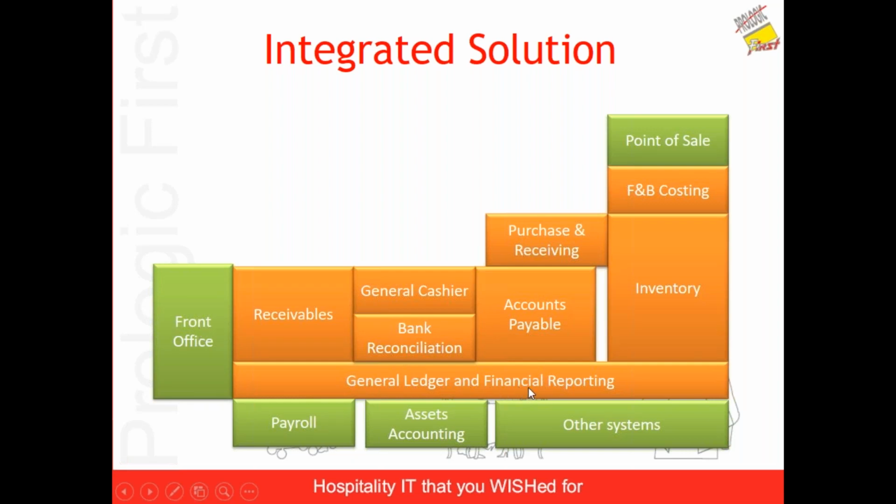Everything flows into general ledger so that you're able to generate the financial reports like the P&L, the balance sheet, the trial balance, or any other ledger inquiry that you want to do from the general ledger module.